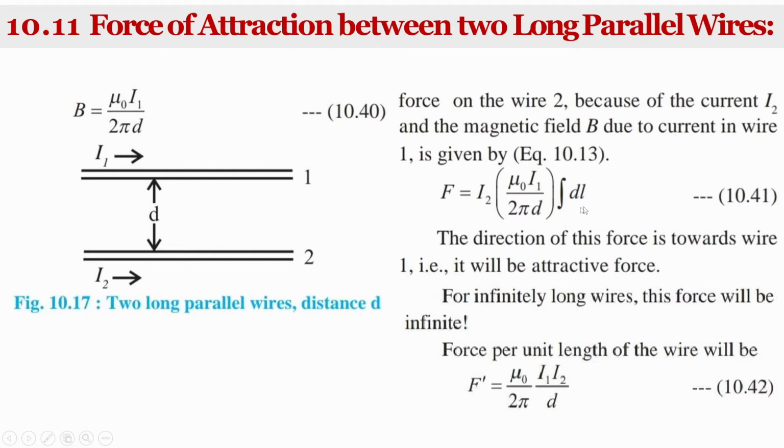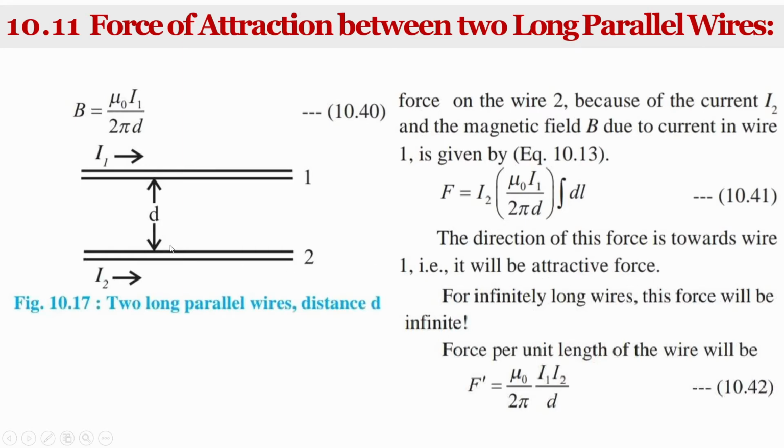I2 is the current flowing through the second wire, B is the magnetic field acting on the second wire, and dl means we divide this long wire into small elements, each of length dl. Taking the integration, we get the total length of the long wire. And the direction of this force is towards wire 1, which means it will be an attractive force.